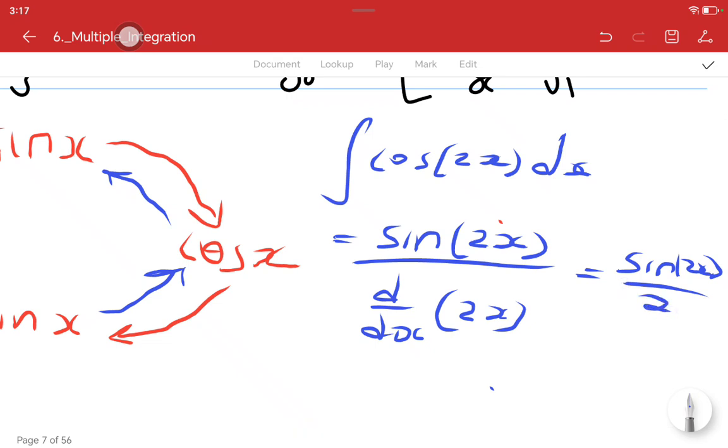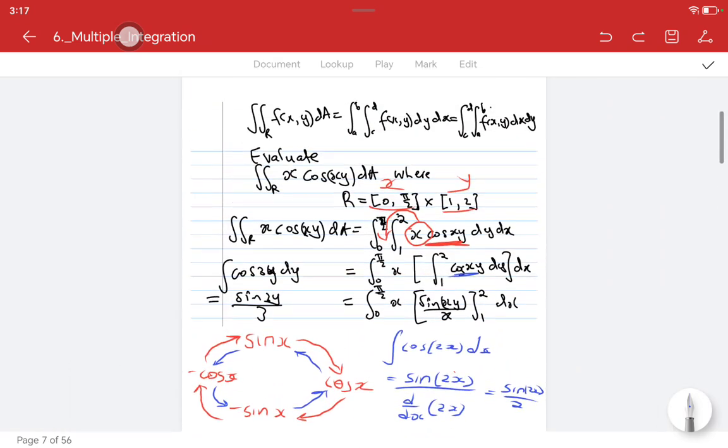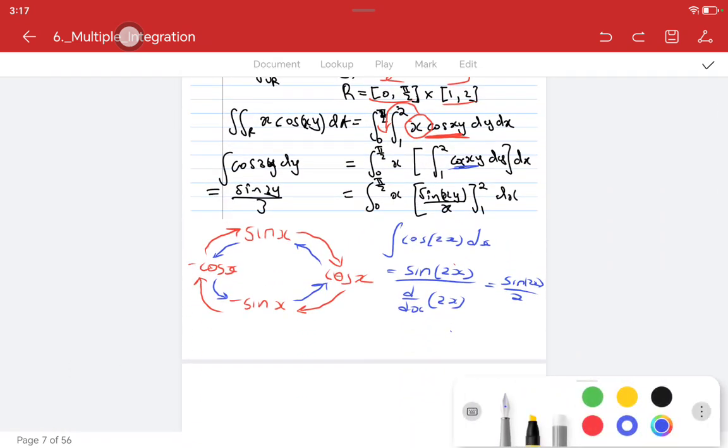Remember, when you derive this, you keep the inside and multiply by the derivative of the inside. Here we are integrating, so we must divide by the derivative of the inside.